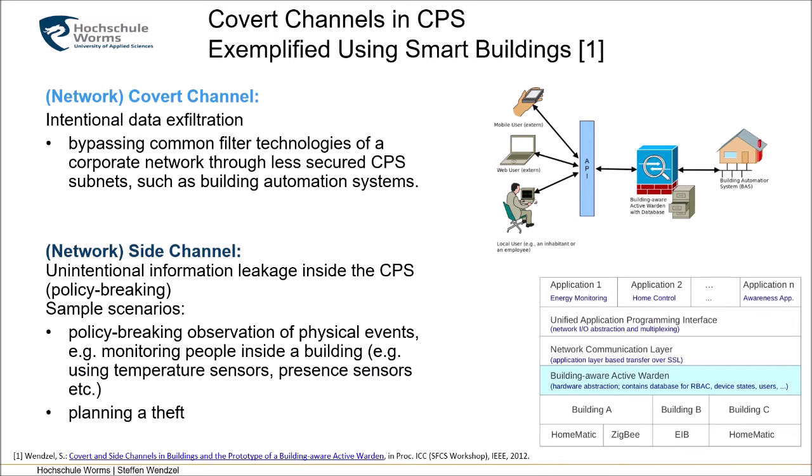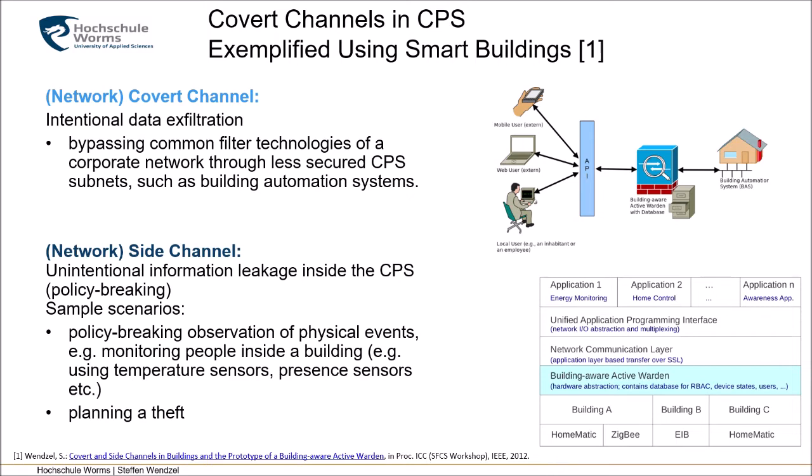If you have some kind of a CPS or IoT system, then you can have covert channels that allow you to exfiltrate data. For instance, in many organizations, an industrial control system or a building automation system has some less secured uplink or remote access link that can be used more easily for exfiltrating data.